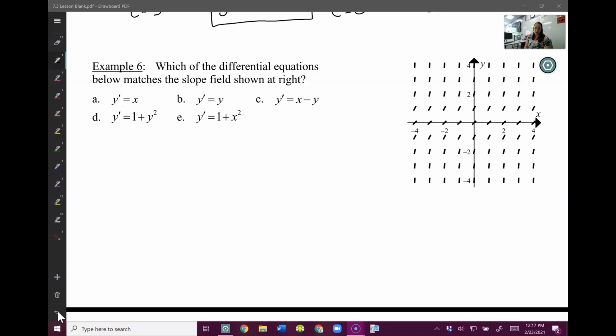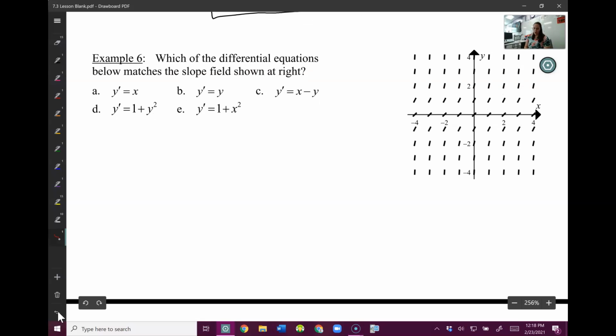If you notice here, all the slopes across are the same. That means no matter what the x value is, these slopes are all the same. If the slopes are the same across this way, that means your equation should only have y's in it, no x's.